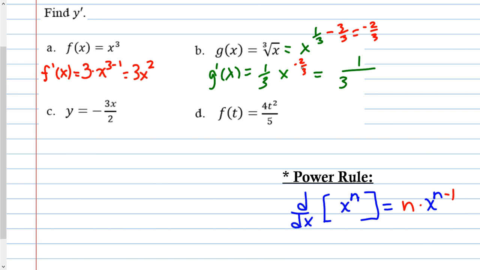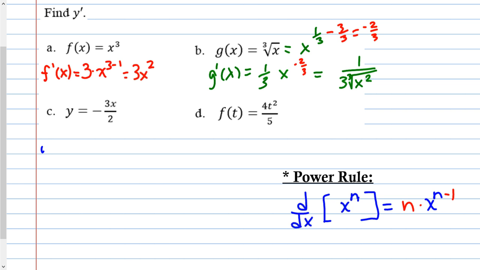But since the exponent of this x is negative, that means the x is now down here instead of up there. The -2/3 squared, right? That's the 2. And then the 3 means cubed root. There you go.